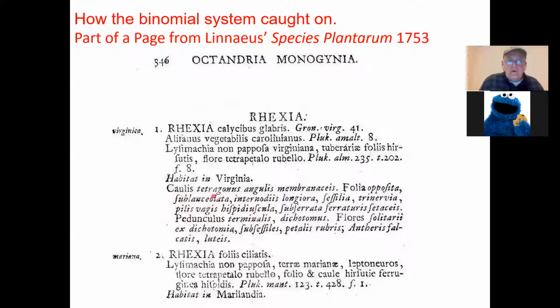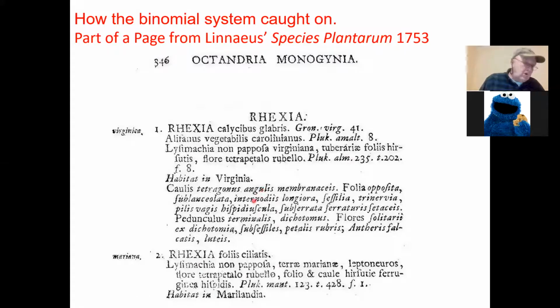Before that happened, when you were sitting there having grog or coffee or whatever you drank and talking with people, to talk about that species of the Virginia meadow beauty, you had to say all of this junk. You had to go blah, blah, blah, all through that. And when you're talking about Mariana, you had to say Lysimachia to know what people were talking about. How hard was that? It was. And so they started using the shorthand, and that's how the binomial system came about.